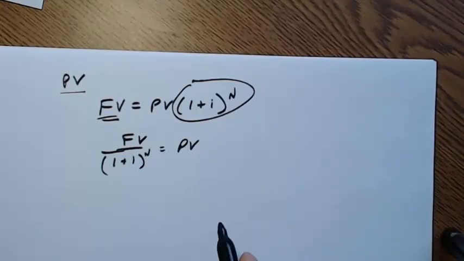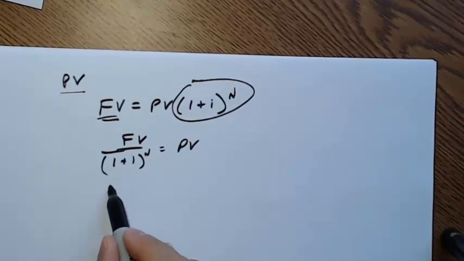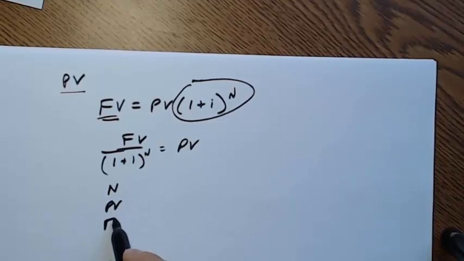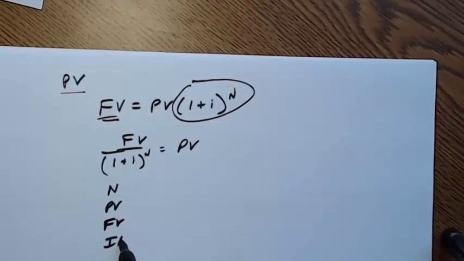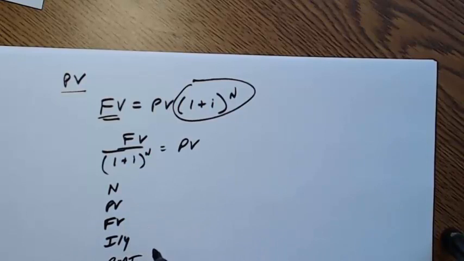Okay, so start throwing the data that's given into the calculator. You're going to need an N, you're going to need a PV. In general, you need 5 elements, 5 things to fill in. Well, 4 things to fill in, and the 5th is always the question.